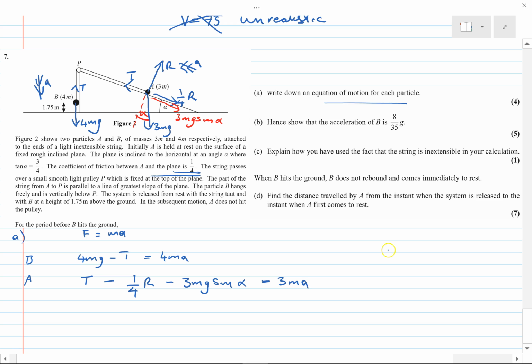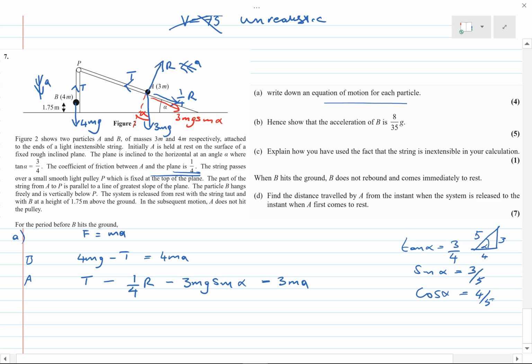Now because we're told that tan alpha is 3/4, we can say that sine alpha is 3/5 because of the 3, 4, 5 triangle, or you can get it from your calculator. So sine alpha is 3/5 and cos alpha is 4/5.